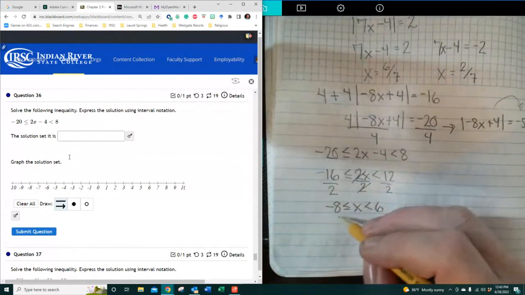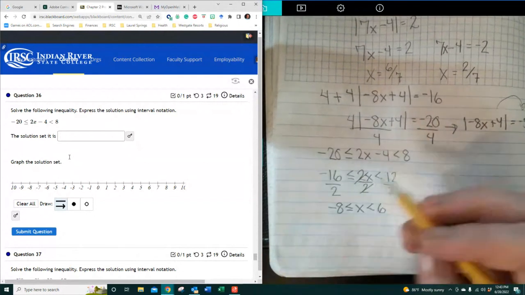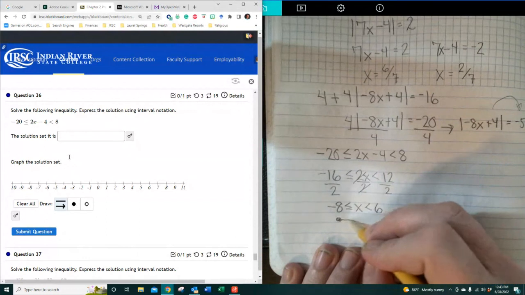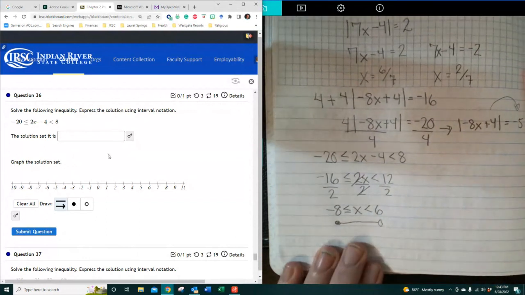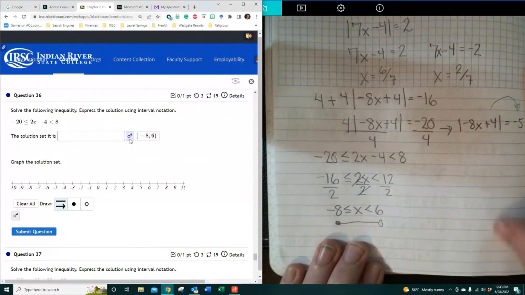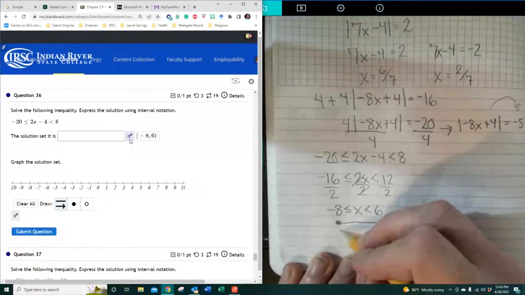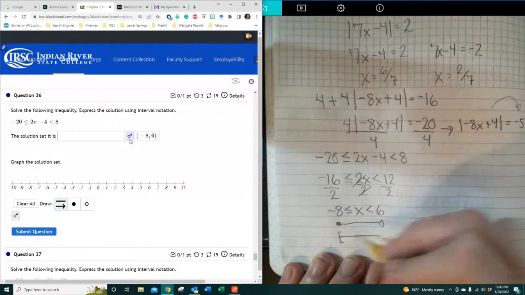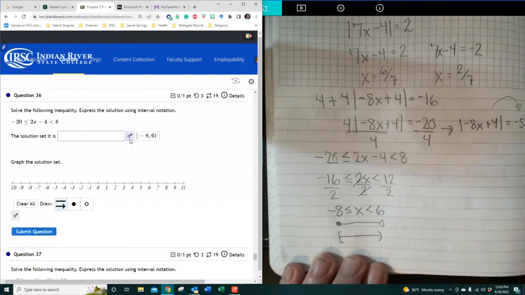And now we're going to be between these two values. Now, this one's going to be a closed circle, and this one's going to be an open circle. All right, and so it is that we have that. You should remember that a closed circle is a bracket, and an open circle is parentheses.